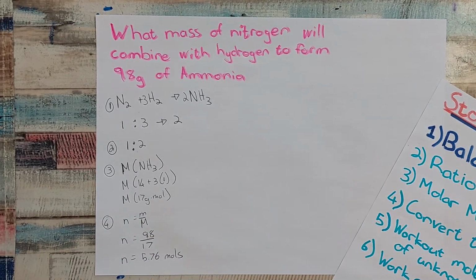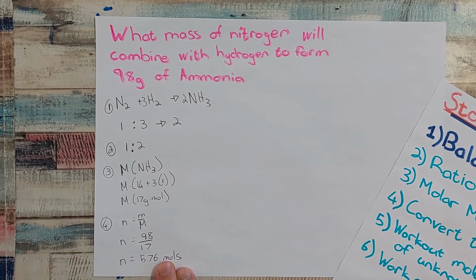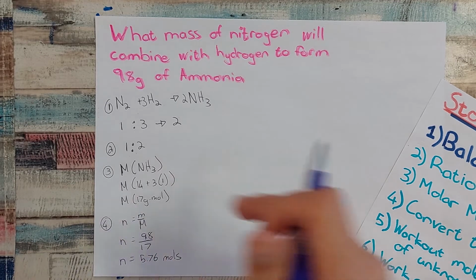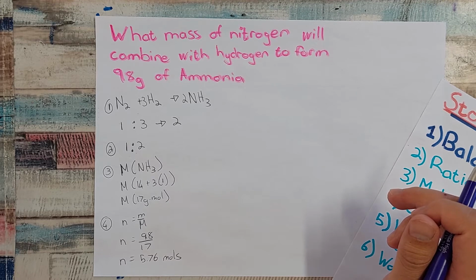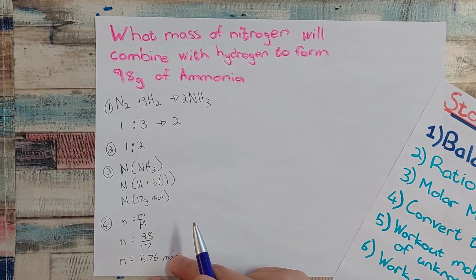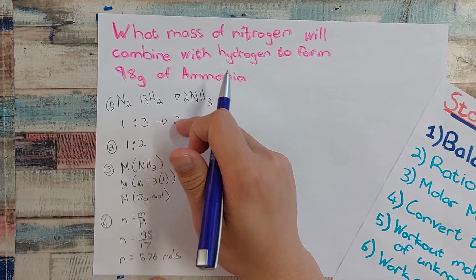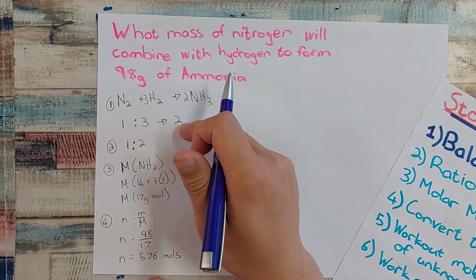That is the total amount of moles right now, just in terms of how much I have of one of them. But now I need to consider my ratio, which is very, very important. I've got my 5.76, but in terms of nitrogen, my ratio is 2. So this 2, we still need to divide by 2.